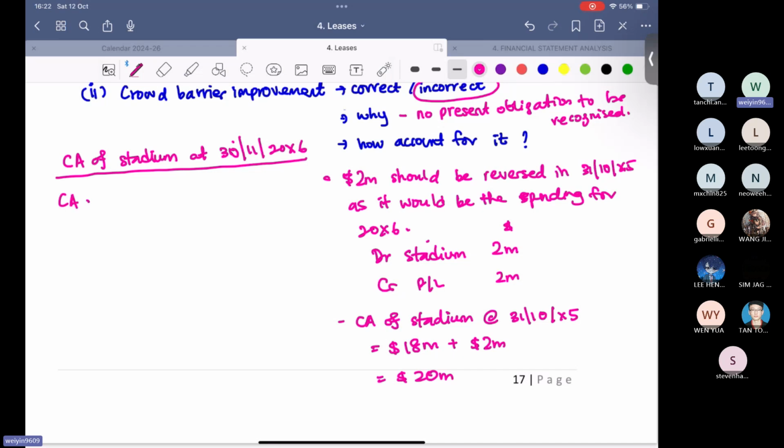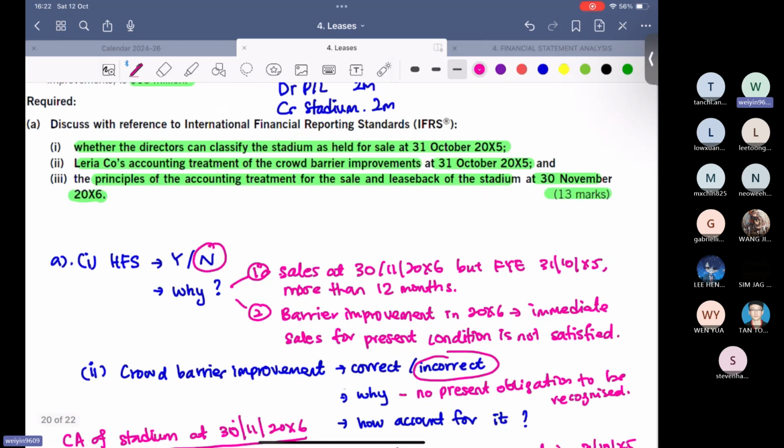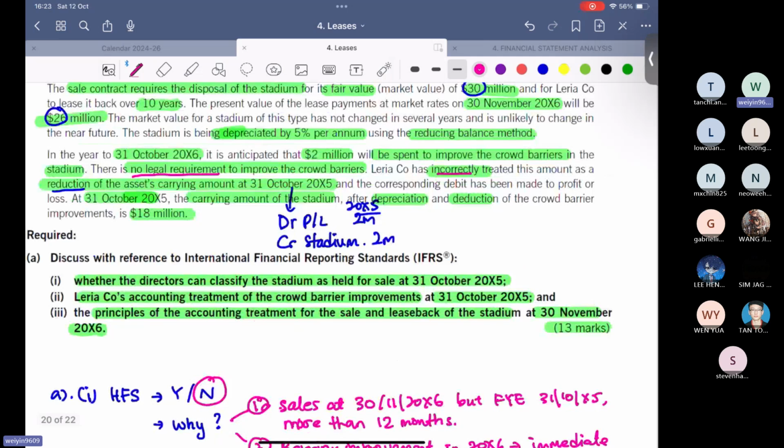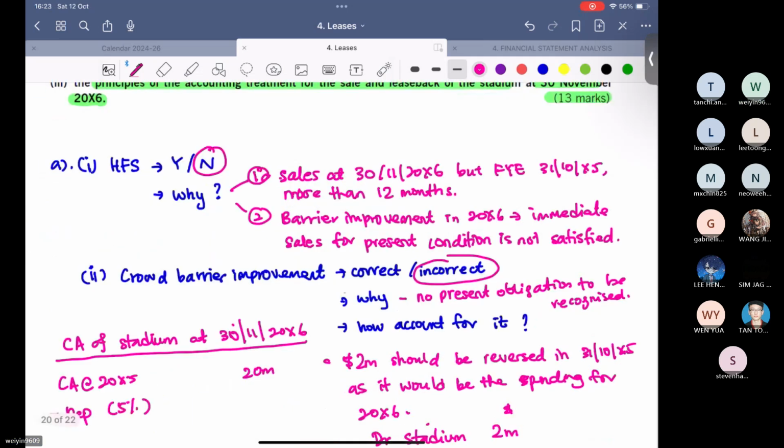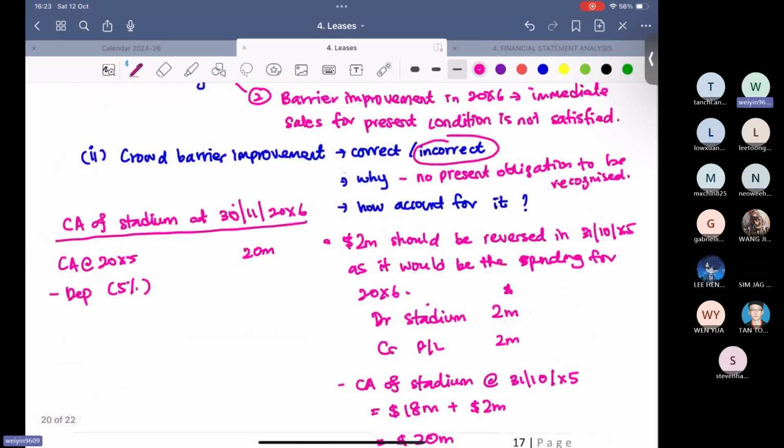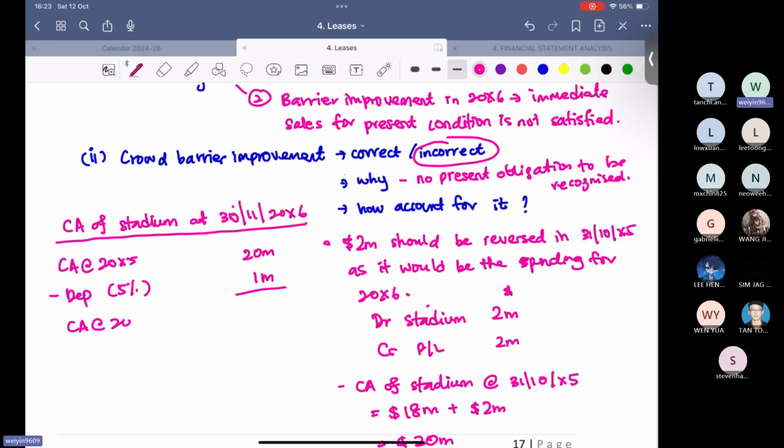So CA at 20x5, 20 million, minus my depreciation, 5% for the year. Because it said "after", I need to recalculate on this one. So 5% is 1 million. So CA at 20x6 will be 19 million.